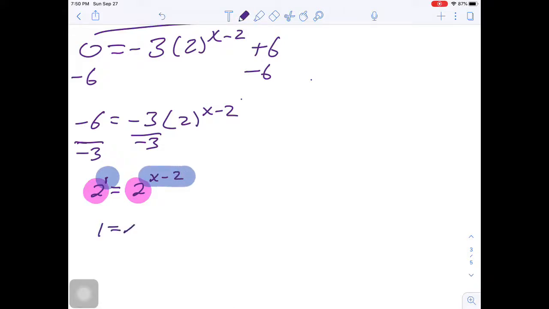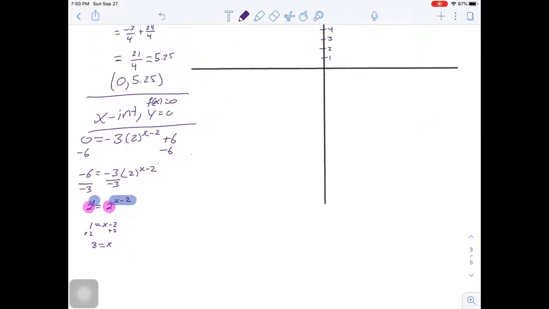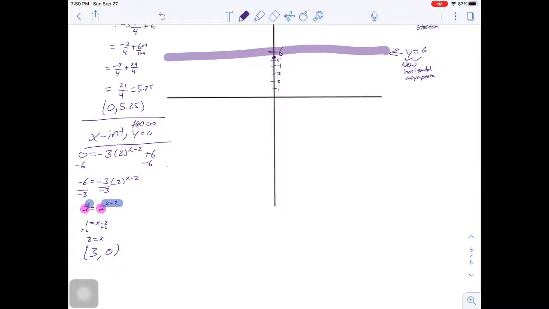So I'm going to take 1 and make it x minus 2. And then I can add 2 to both sides, and that gives me 3 equaling x. So it looks like we have an x-intercept at 3 and 0, right? This is our x-intercept. So 3 and 0, so this will be 1, 2, 3, roughly right here.